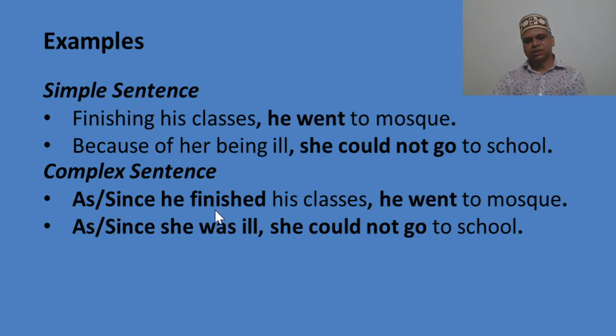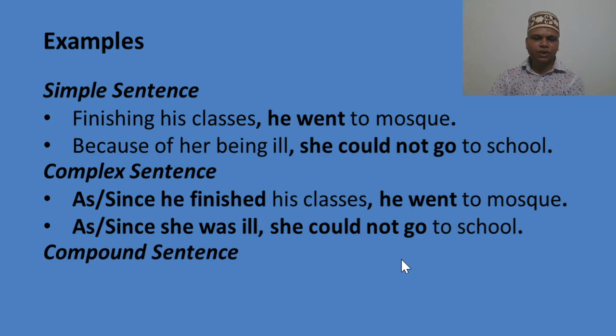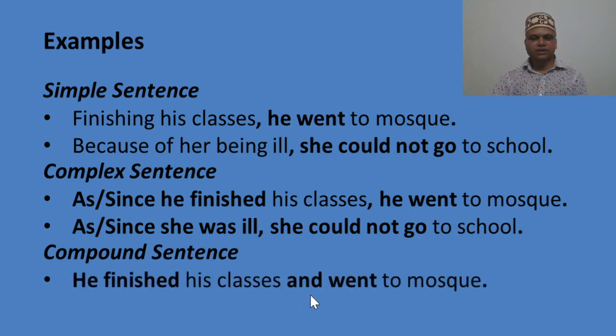That's why they are complex sentences. Here the as or since clause is called the dependent clause, and the rest, the second clause, is called the independent clause.